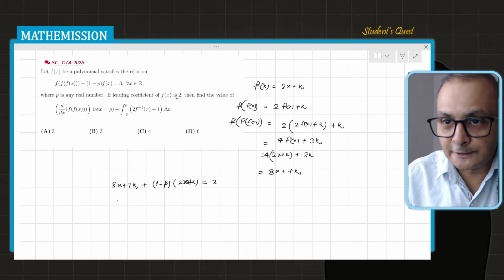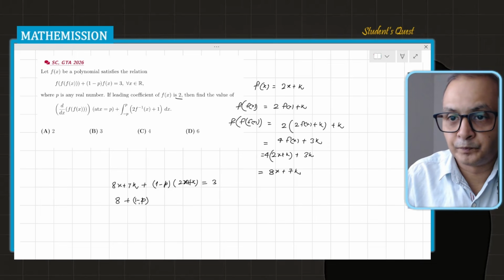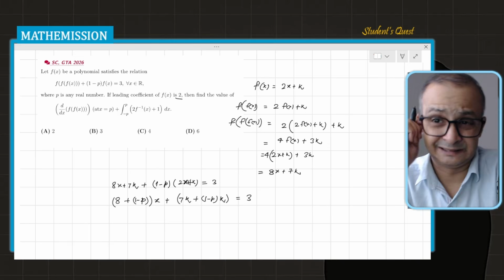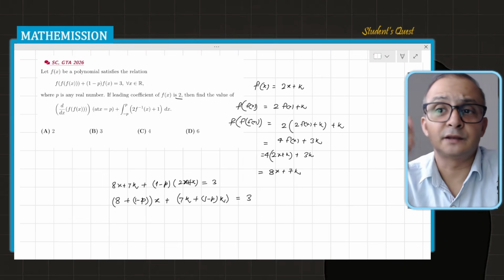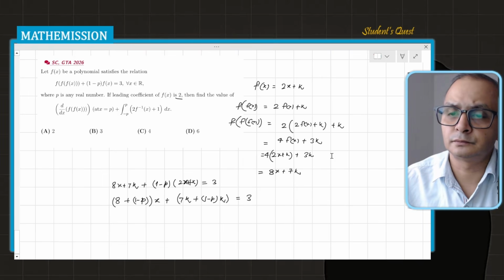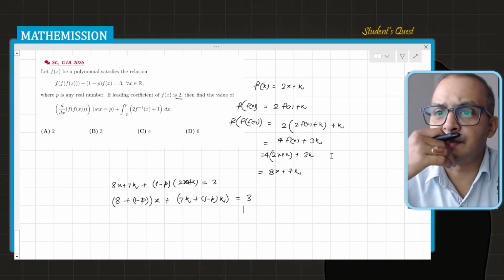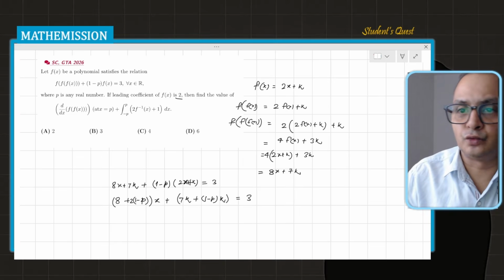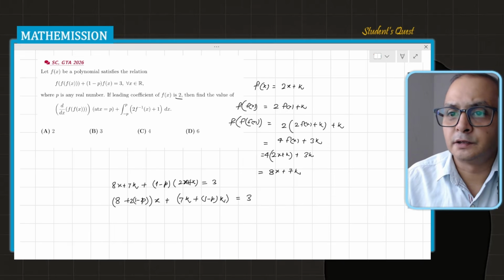So I'm getting (8 plus (1 minus p) times 2) times x, and the constant I'm getting 7k plus (1 minus p)k is equal to 3.